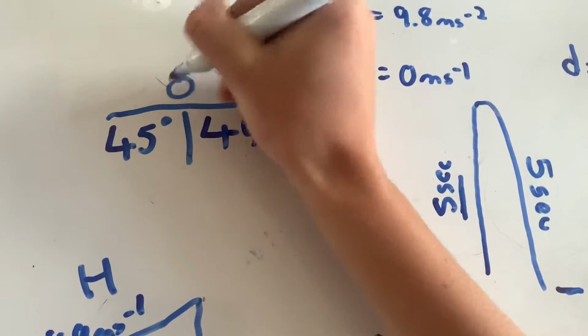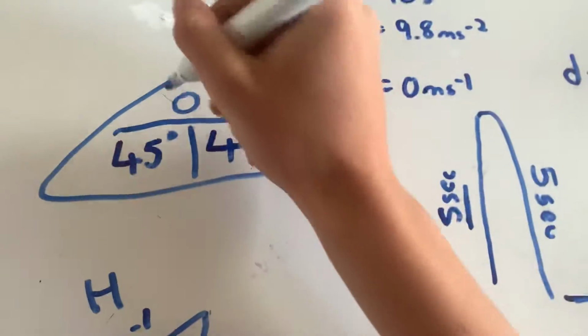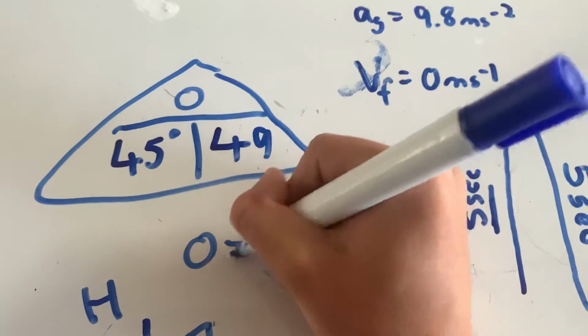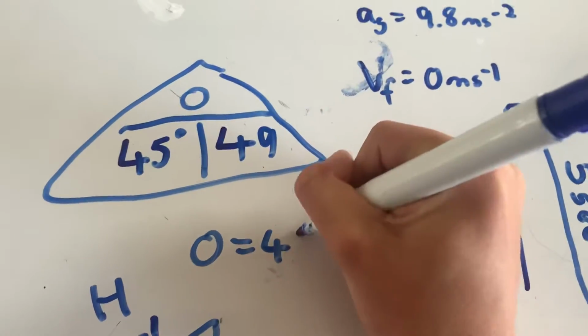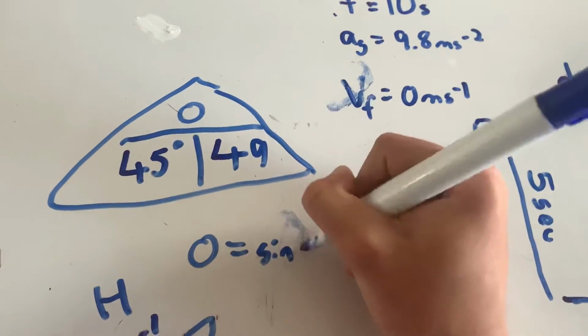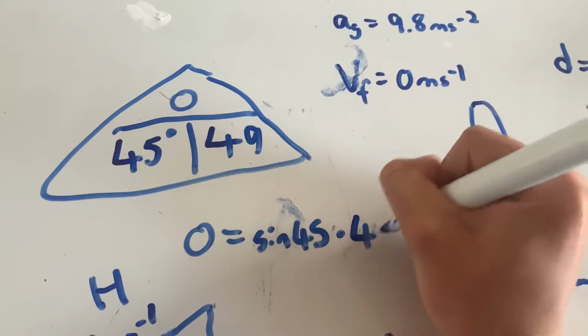And we're trying to find O. So basically, this triangle here is telling us that O is equal to, well actually, my bad, sin 45 times 49.